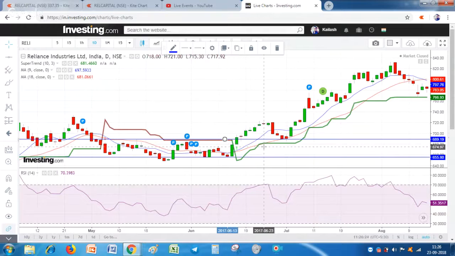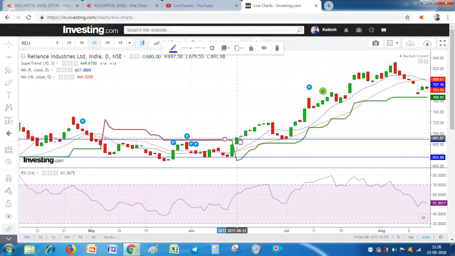So suppose we enter at 690 level and keep the stop loss at 655. So approximately how much is this? Approximately 35 points difference is there. So there is a risk of 35 points.